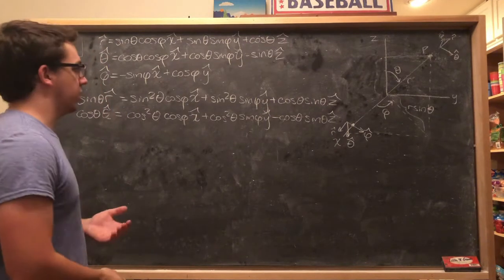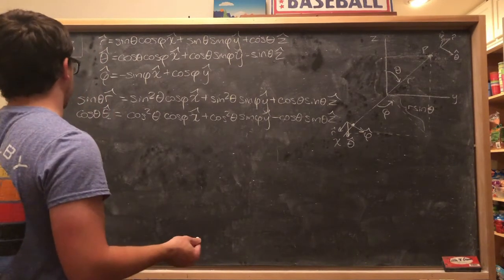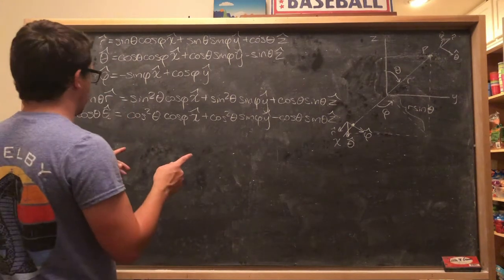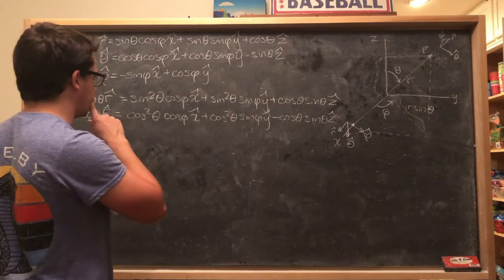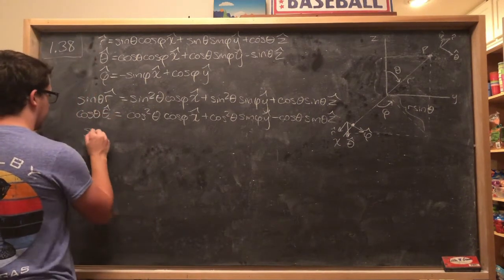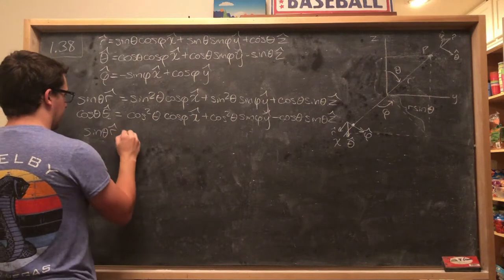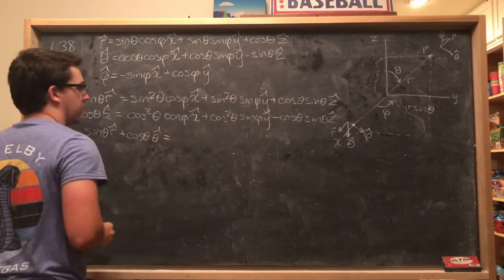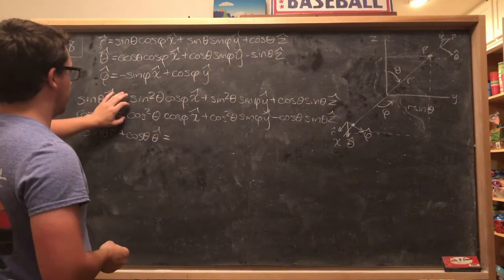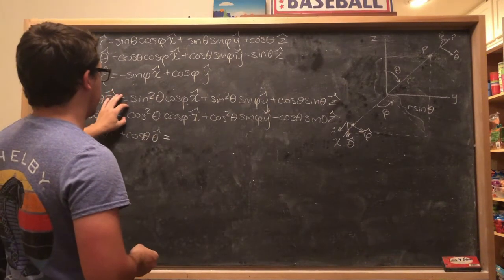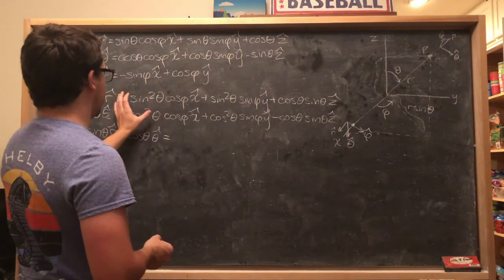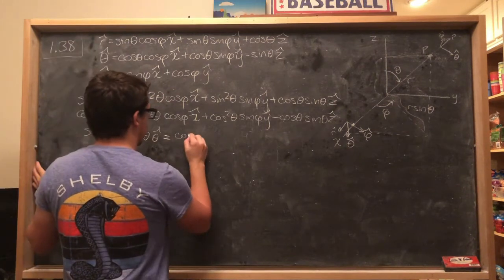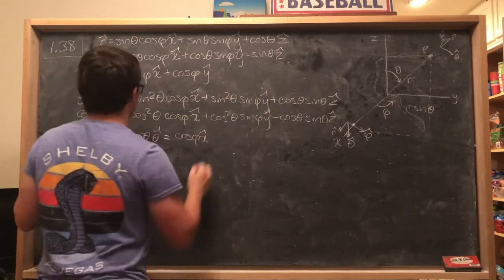Interesting. These two look pretty similar. So if we were to add these two up, sine theta r hat plus cosine theta theta hat, we would get sine squared theta plus cosine squared theta, that quantity multiplied by cosine phi x hat, so we could just write cosine phi x hat since that becomes 1.